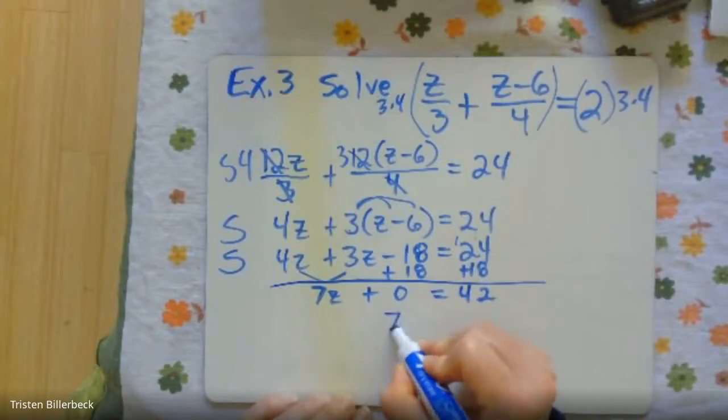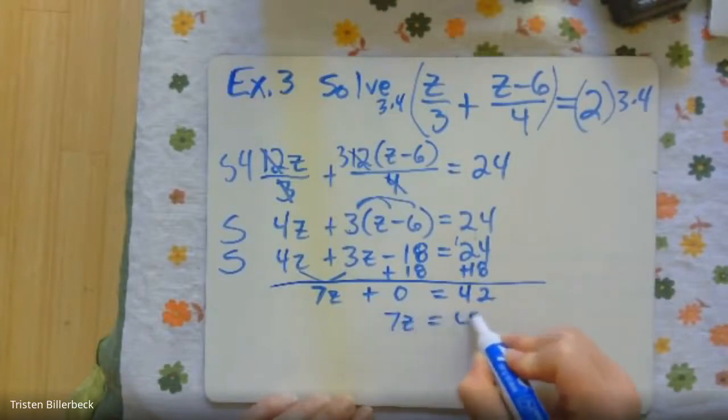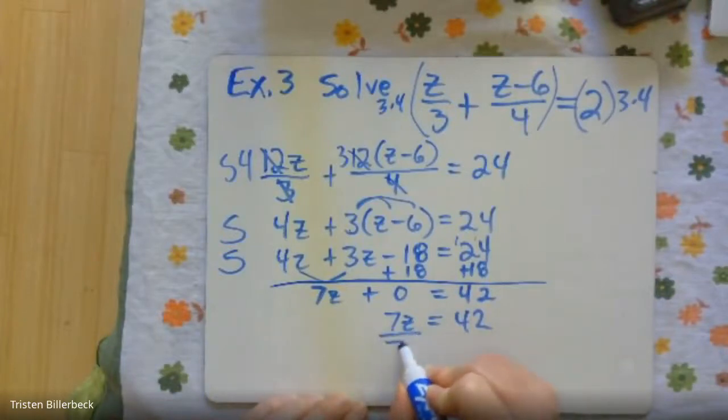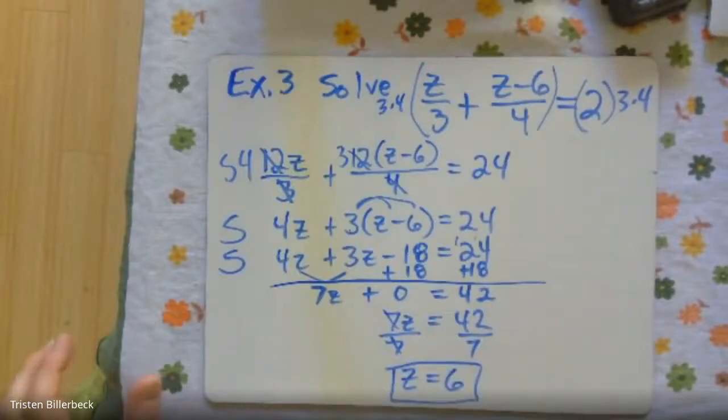So we have 7z equals 42. So 7 times z is here, so the opposite of multiplication is division, so that's the multiplicative inverse. So that cancels, and we have z equals 6. Well, that was a big problem, huh?